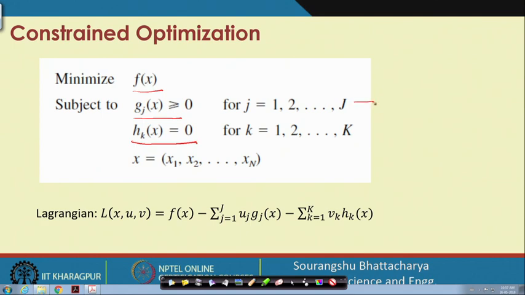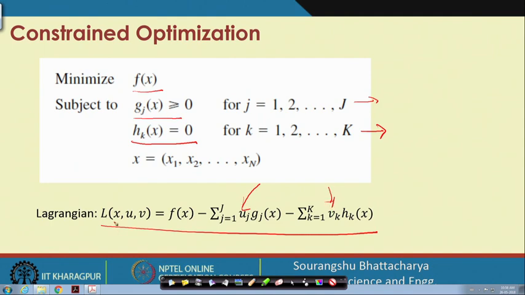These are the inequality constraints and these are the equality constraints. Then we would like to find the global minimum, and one way to find the global minimum is to use the Lagrangian function, which uses some extra variables.